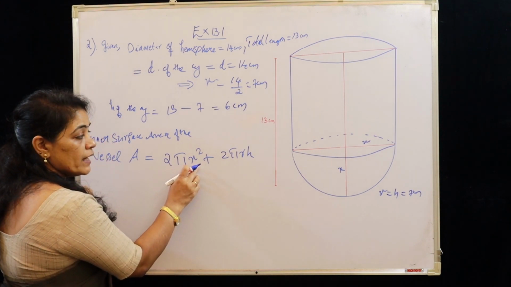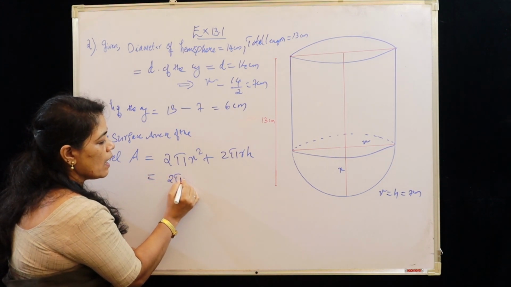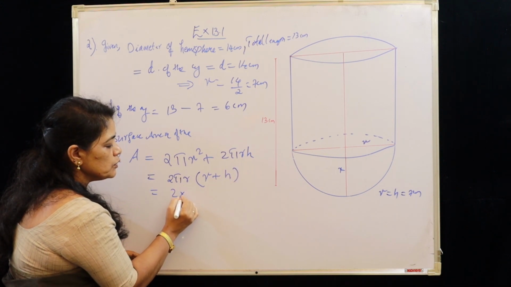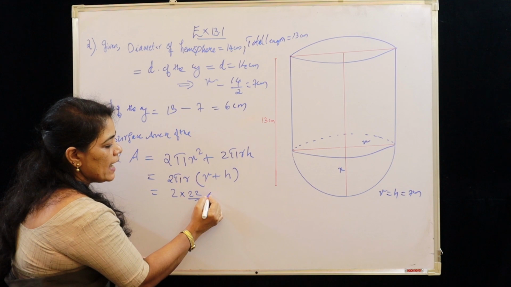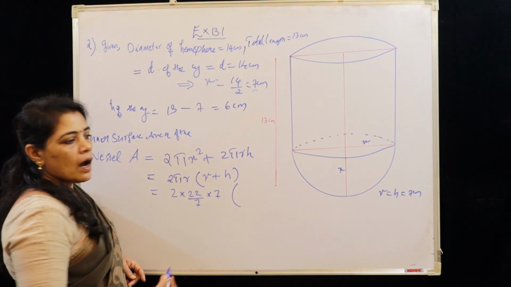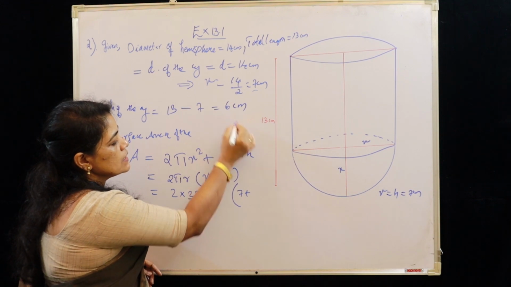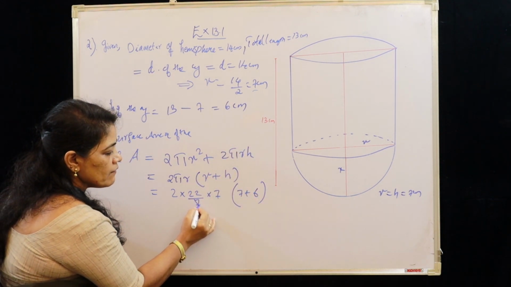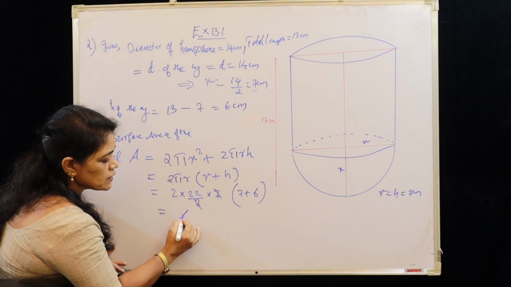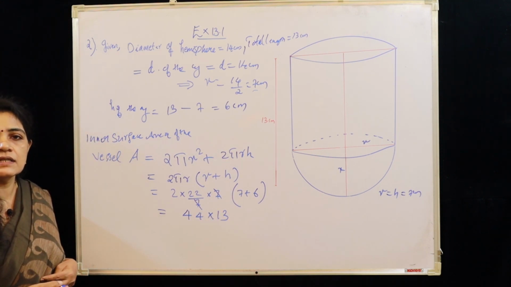So you can take 2 pi r common from both terms. So 2 pi r into r plus h, that is 2 into 22 by 7 for pi, and the radius we have got is 7, into r which is 7 plus h, the height of the cylinder, that is 6 centimeter. The 7 gets cancelled, so 2 into 22 is 44, into 13, since 7 plus 6 is 13.